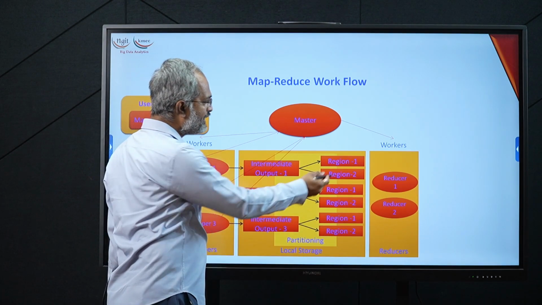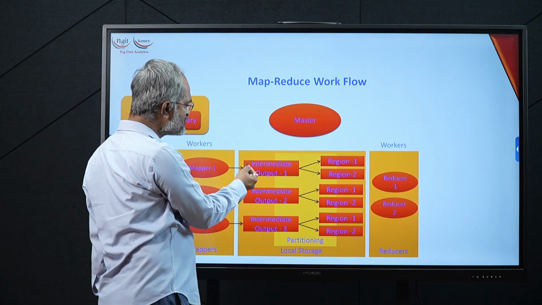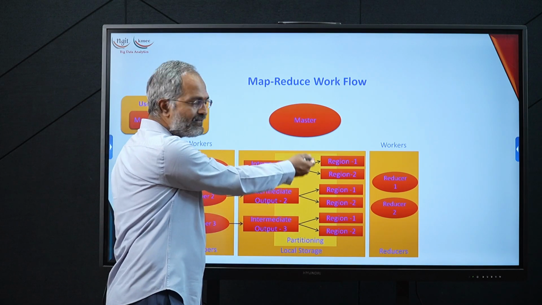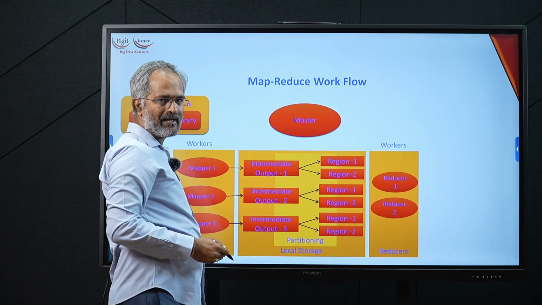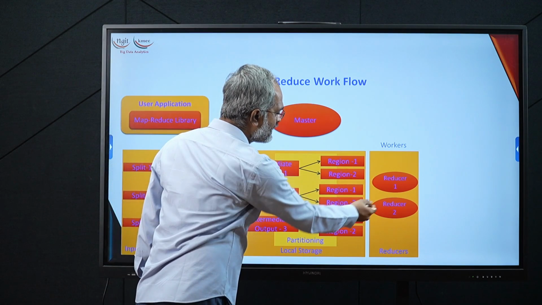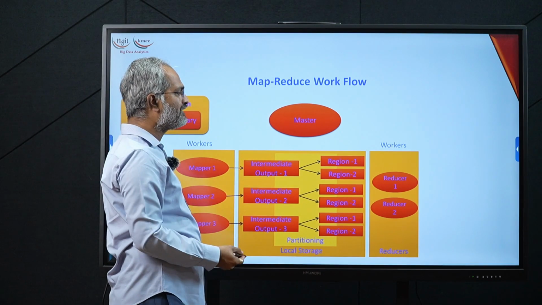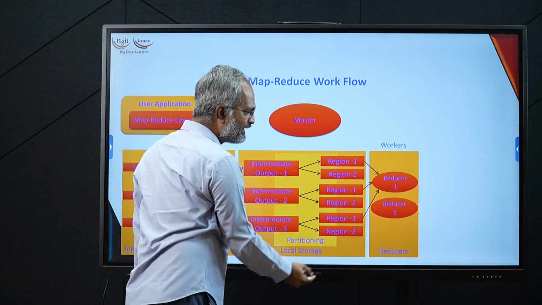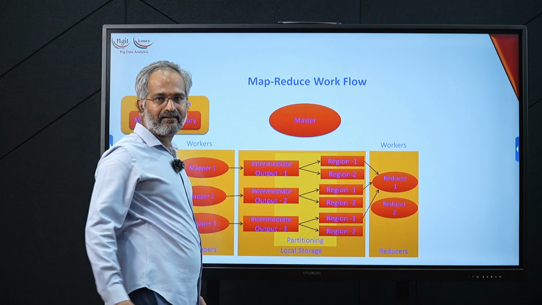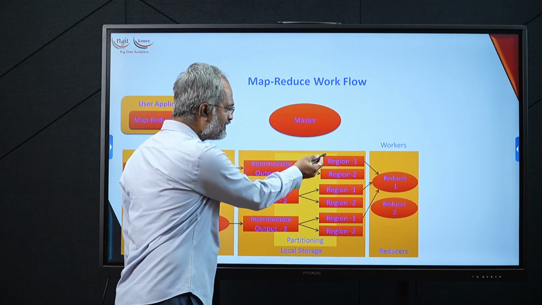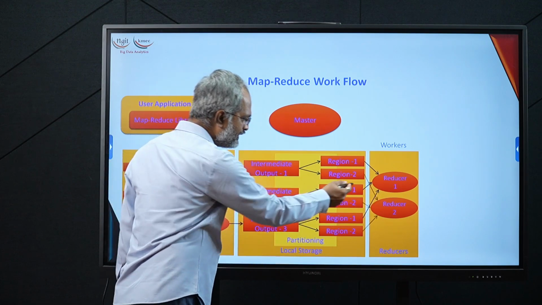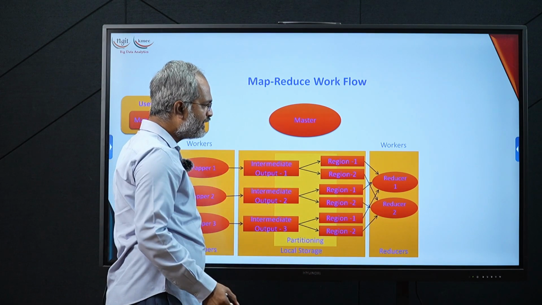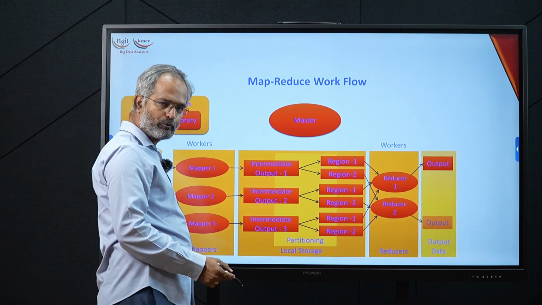The reducers take the locations of the intermediate regions from the master, which it got from the individual mappers, and they directly take the output from the corresponding regions. Reducer 1 takes the input from region 1, and reducer 2 takes the input from region 2, and they produce the outputs.